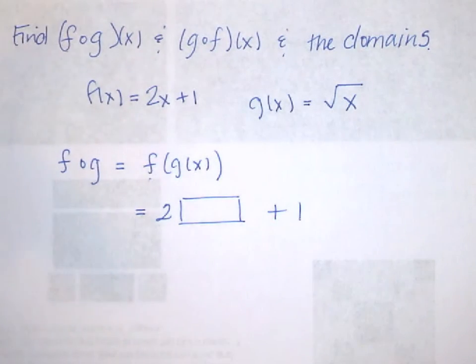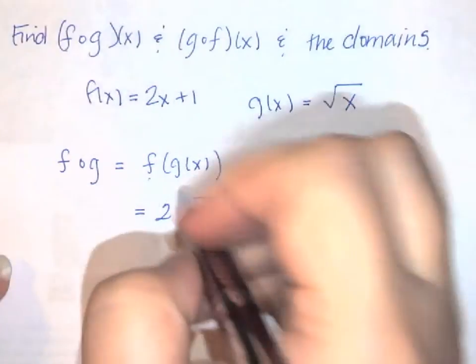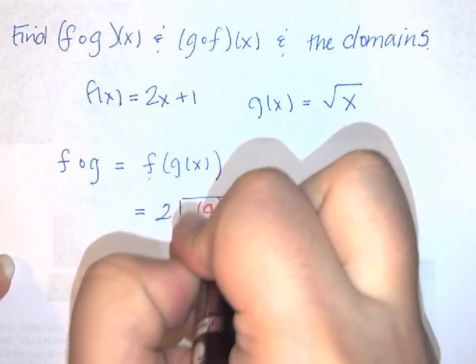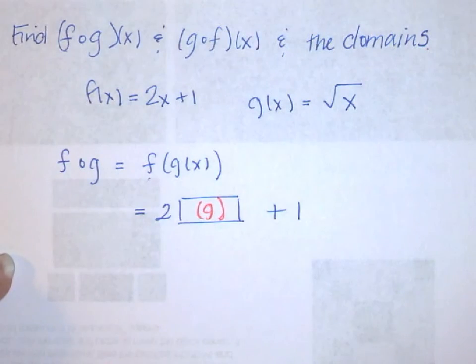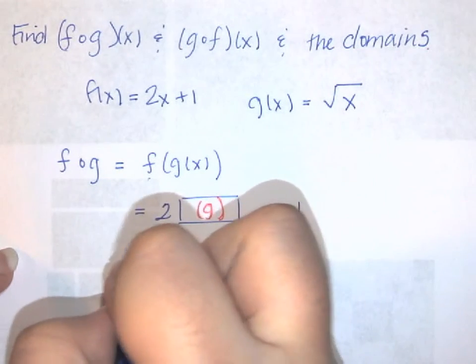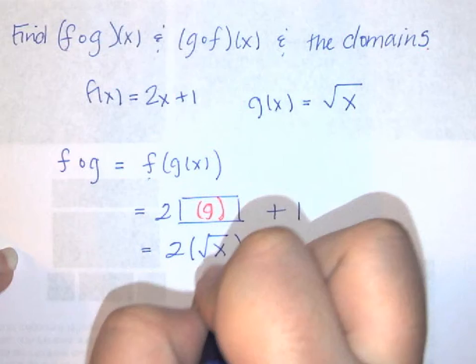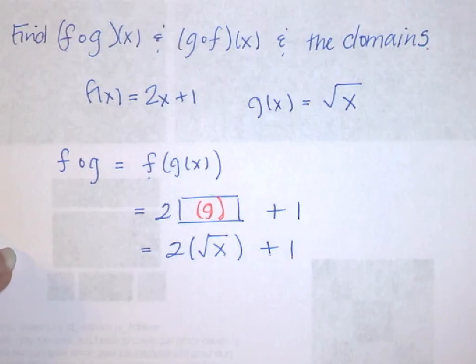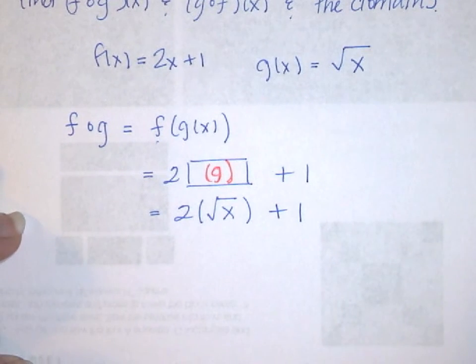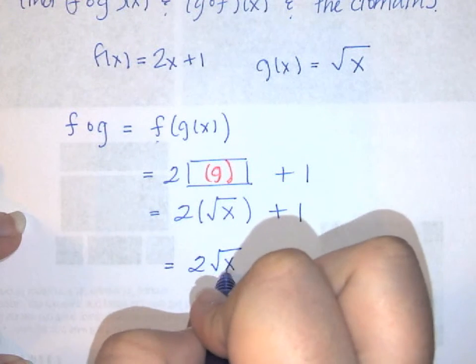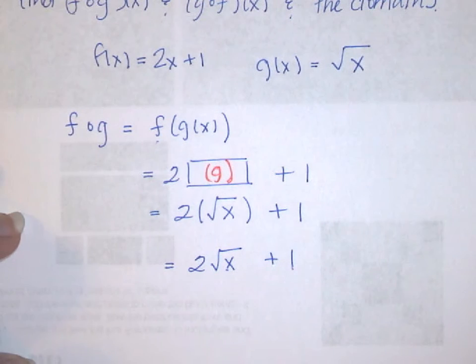And then we have to look at what is actually going into this space. Well, this is my g function is going to be going into that space. So here this becomes 2 times the square root of x plus 1. Obviously we want to simplify, but there's not much we can do. This is just 2 square roots of x plus 1.